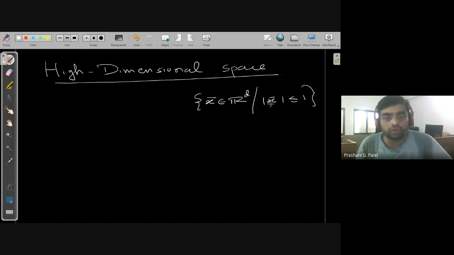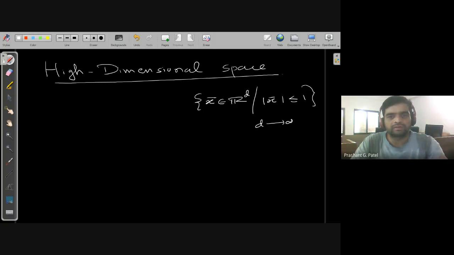The volume of the d-dimensional sphere, the unit ball, means its radius will be 1, goes to 0 as d tends to infinity.